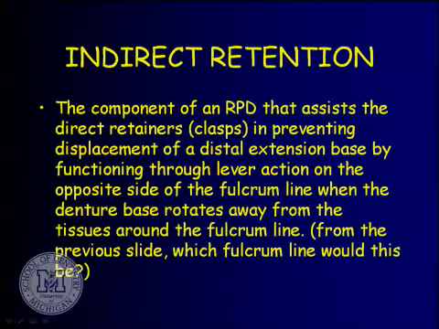We'll go over class 3s in a little bit here, but if basically your partial denture is tooth supported all the way around, would any change in the soft tissue, if the gums reshaped a little bit, in theory have an effect on the fit of a class 3 partial? Nothing to do with it because it's tooth supported all the way around.